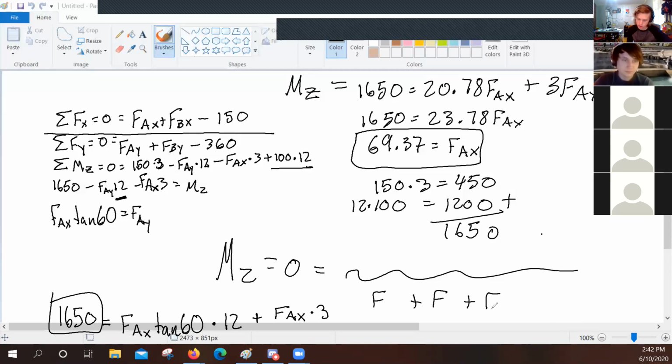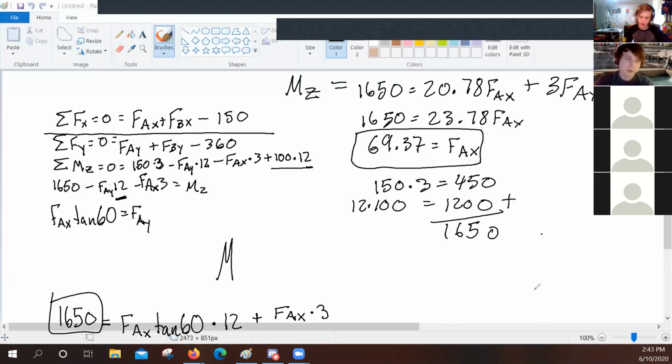If it's a moment, then it's just going to be a force times a distance plus a force times a distance plus a force times a distance. And you're just going to repeat that over and over again, and you're going to end up with a bunch of equations. Once you have a number of equations that is equal to or greater than your number of unknown variables, you're just going to start squishing those equations together until you can find what you're looking for.